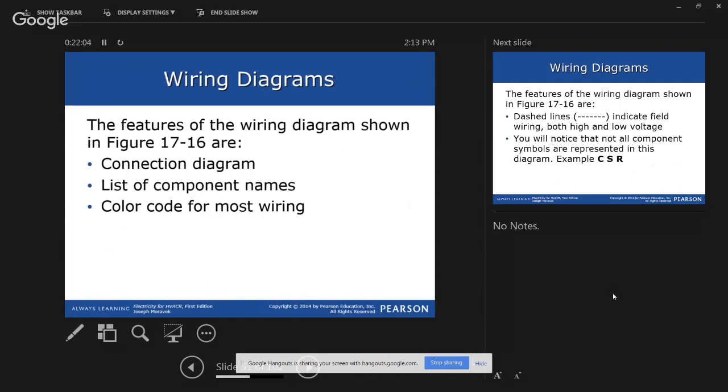What's going on? We need some power or what? Do we need a cord? Let me see here.